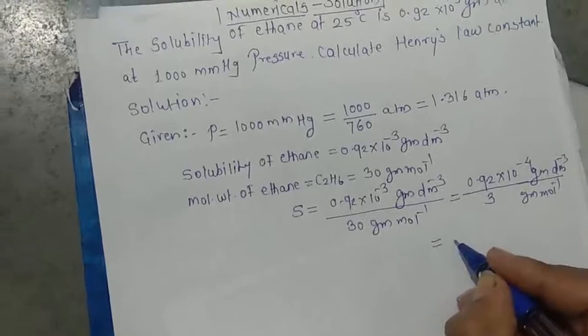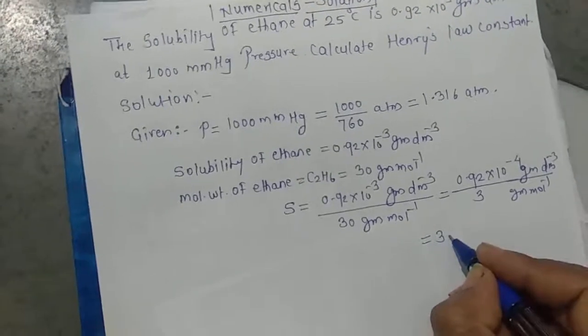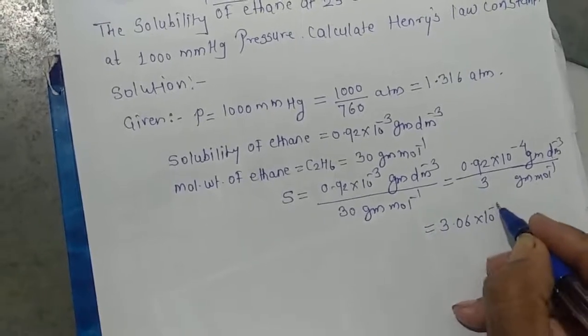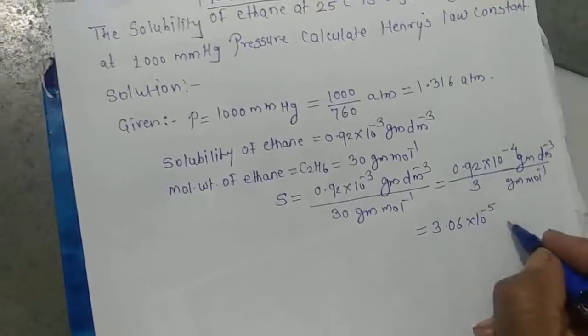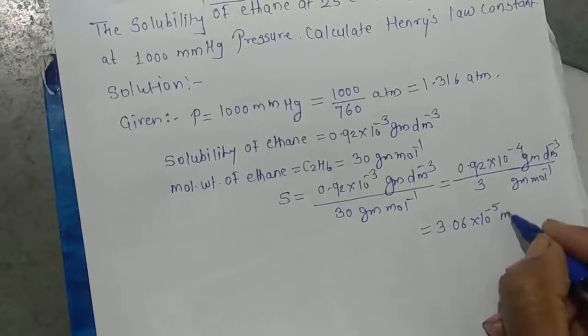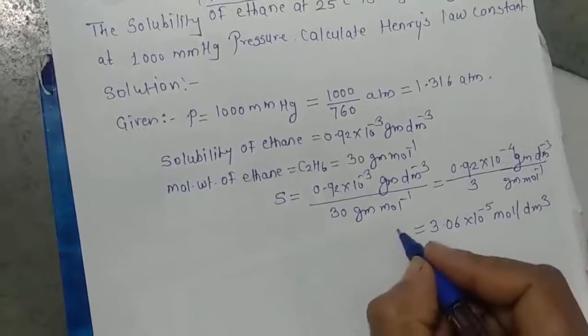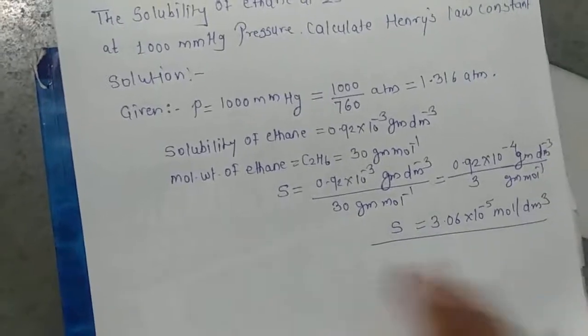So we are getting the value 3.06 into 10 raised to minus 4, gram cancels, so mole per dm cube. This is the solubility of ethane.